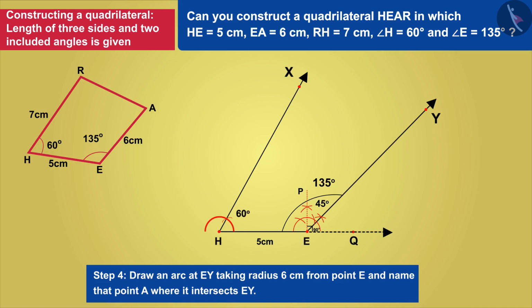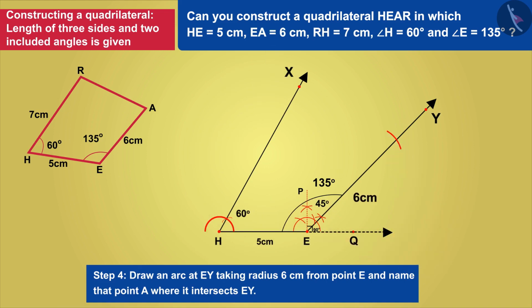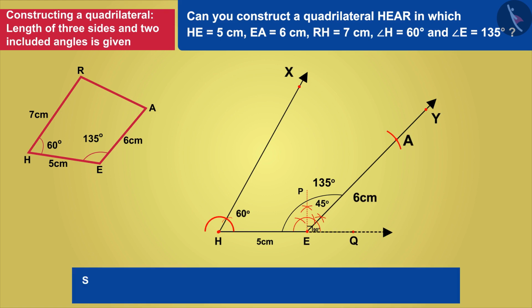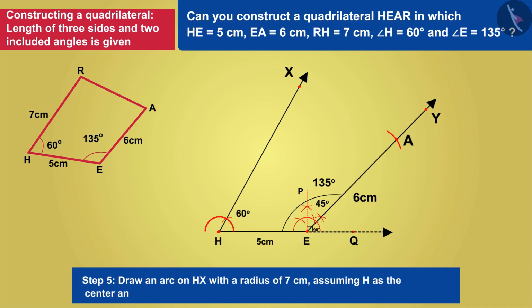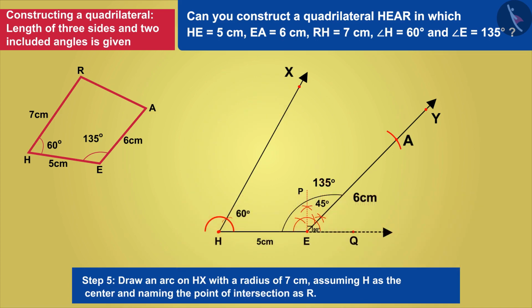So, now we will draw an arc at EY taking radius 6 centimeters from point E and give that point name A where it intersects EY. We are given RH equals 7 centimeters. We will draw an arc on HX with a radius 7 cm, assuming H as the center, and name the intersection point as R.